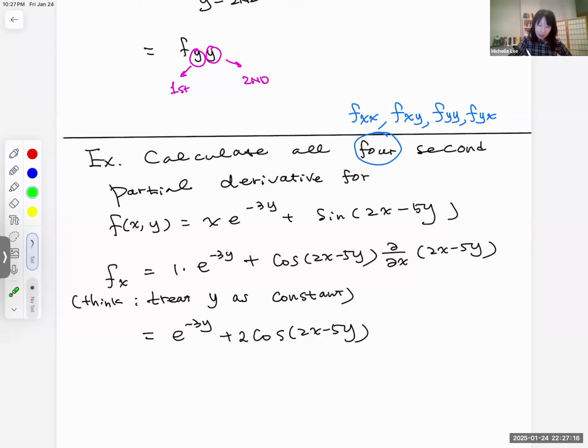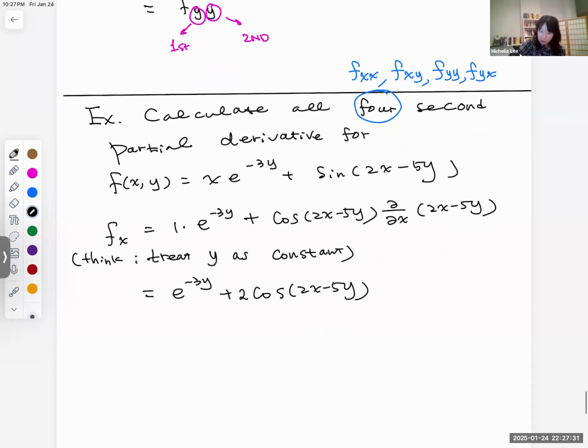Let's take the partial derivative with respect to y. Let's take a look at this one.